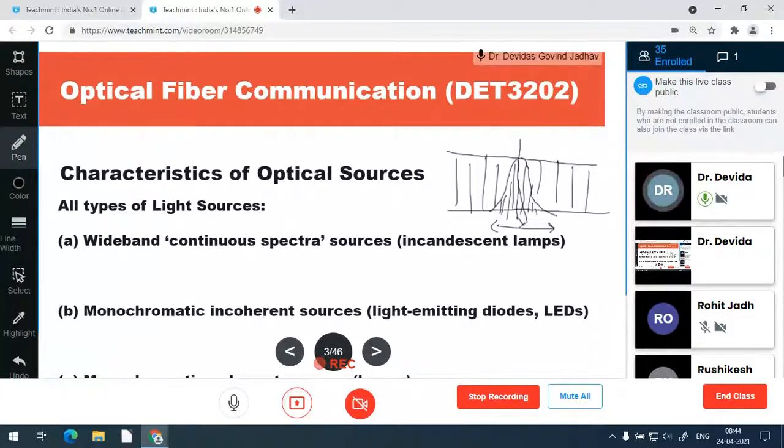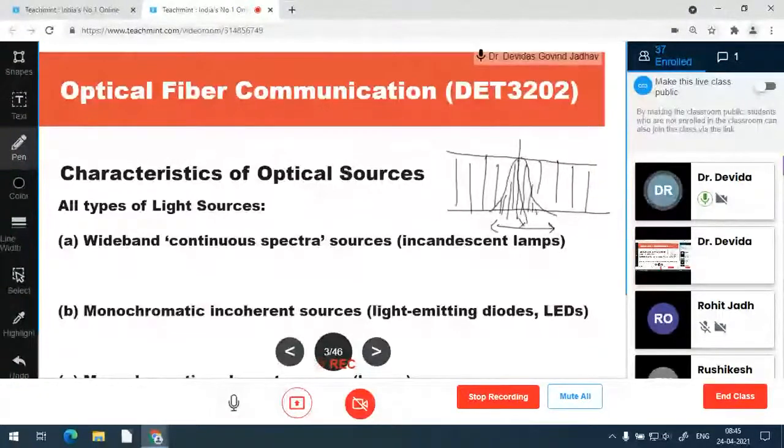LED and laser are monochromatic optical sources, and the sun and fluorescent light and the normal light we use for lighting houses and offices, these all are not monochromatic. They are having continuous spectrum. That means all the wavelengths are emitted by these sources.